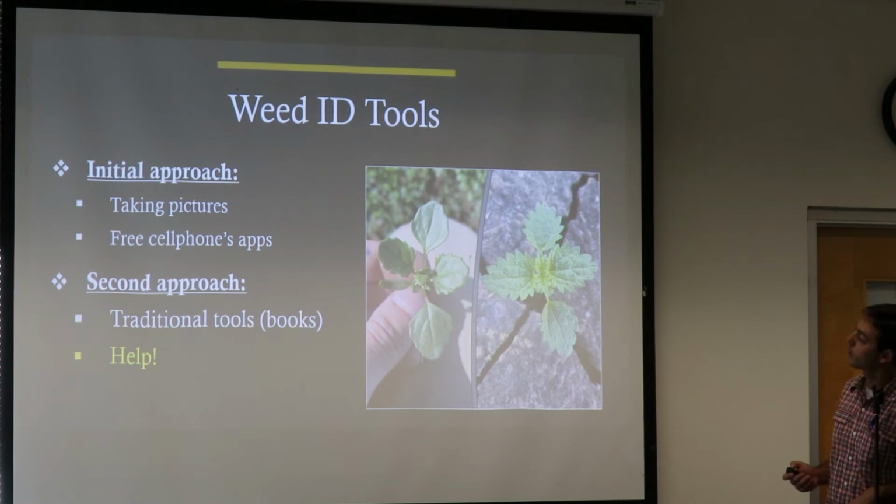So in this case, oh man, I forgot already, but that's the goosefoot and the burning needle. And by the way, that's one that is becoming more and more of a problem, because it's not a resistance case. This plant has a natural tolerance to glyphosate.